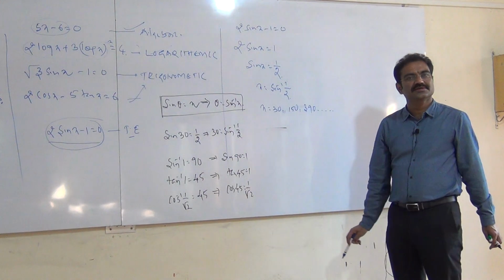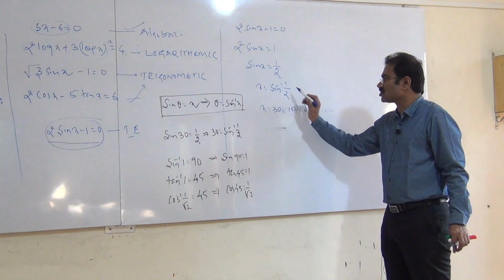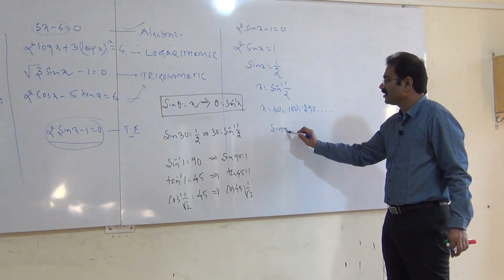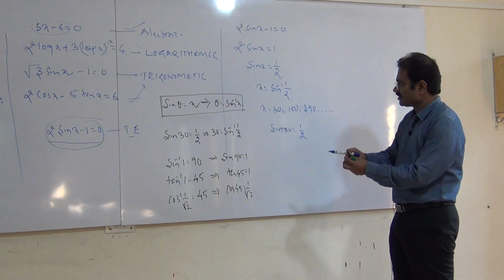It is also correct. We will check whether it is correct or not. Sine 30 is equal to 1 by 2. Yes, this answer is correct.